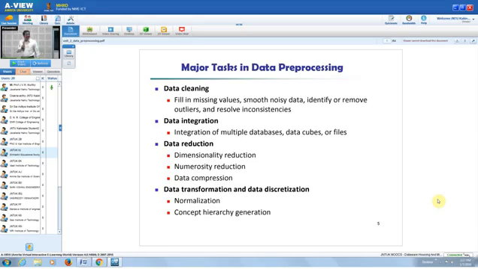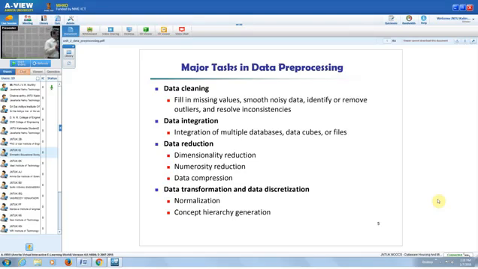And then data cube preparation is another aspect. About data cube preparation, I just touched on the concept; we didn't go into depth. By data cube building, you will have a higher level of abstraction and summary values at some specific level, so that you will have a better idea of things.